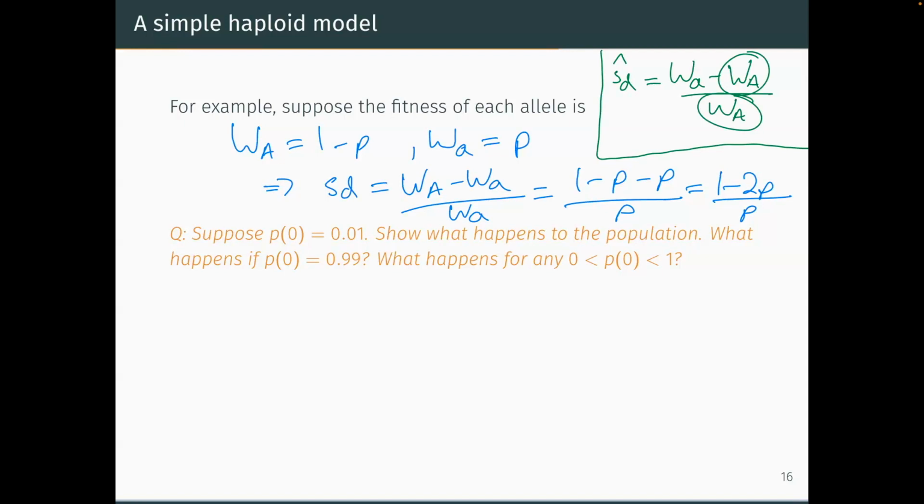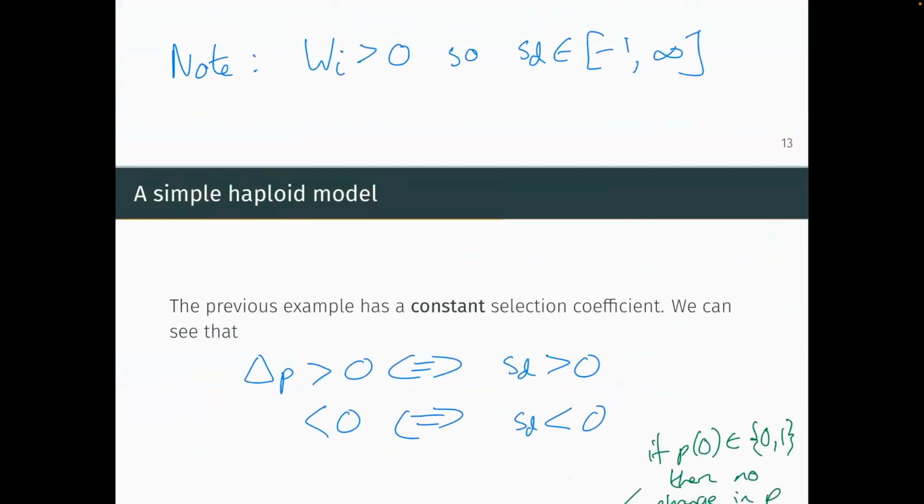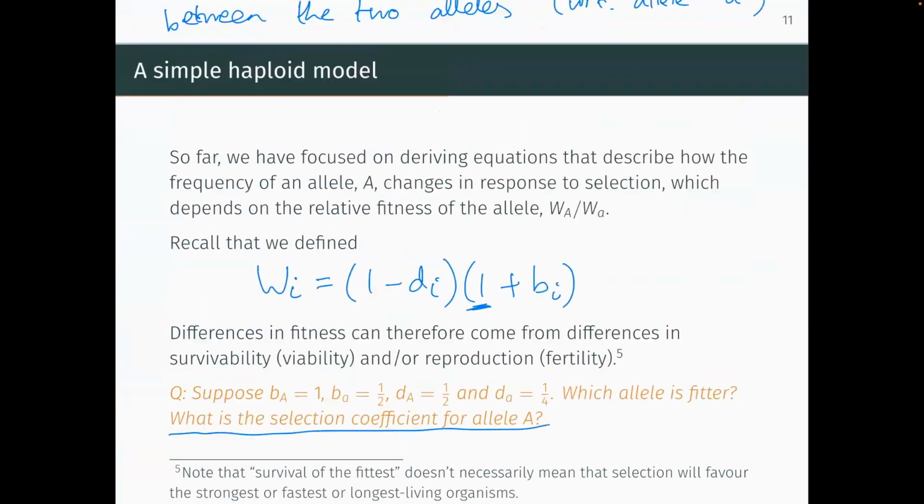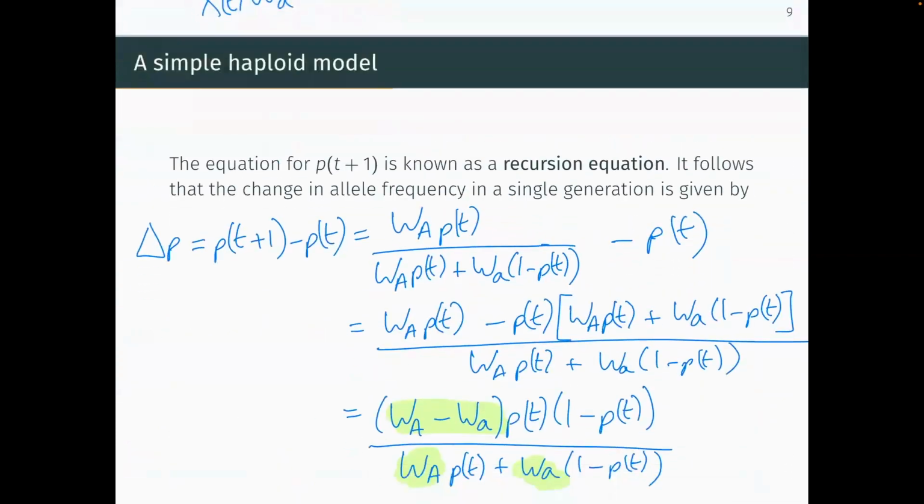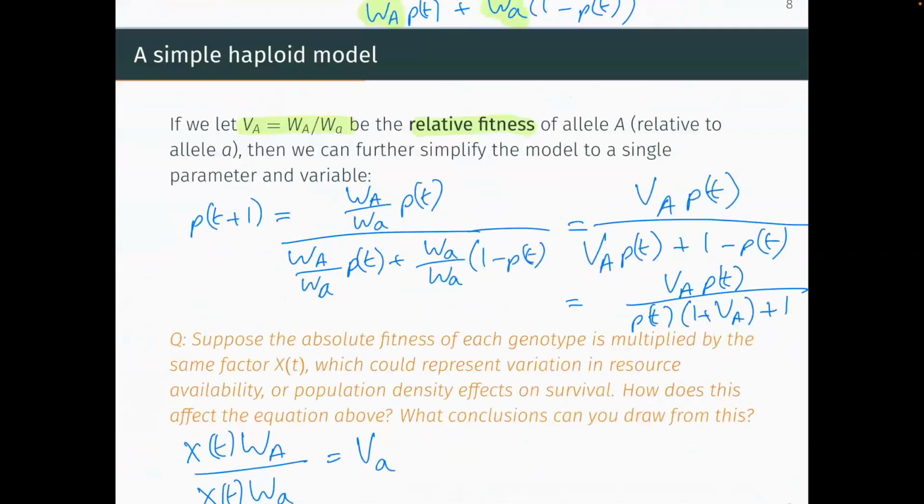Okay, so this particular question, start with, what happens if our initial frequency of our capital A allele is 1%? So if P of 0 is equal to 0.01, then all we need to do is look at our selection differential. One of the nice things about looking at the selection differential here is that if we want to work out what happens in the long term, P is bounded. We don't have to go all the way back to this equation here or one of the other forms to work out what happens.